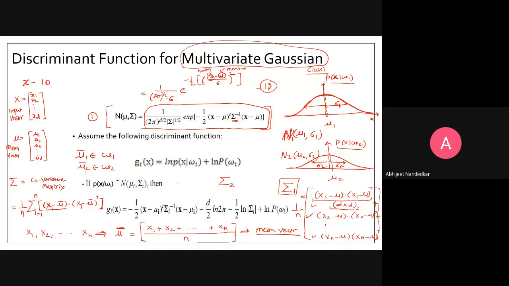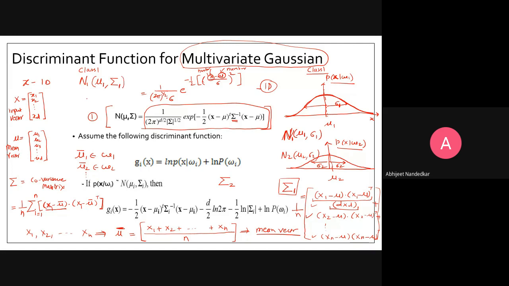So each class, when I use the normal distribution, will be defined by two things. For example, for class 1, I just need to specify the vector mu1, the mean of that distribution, and the covariance matrix sigma 1.